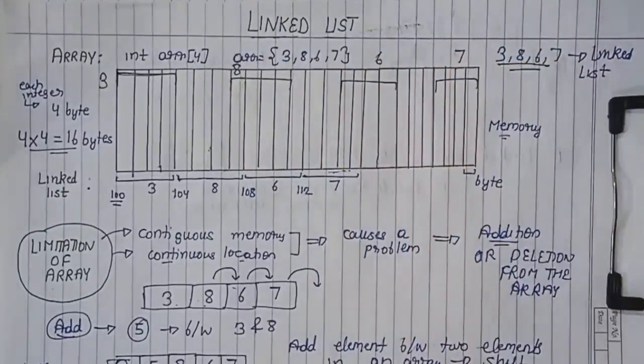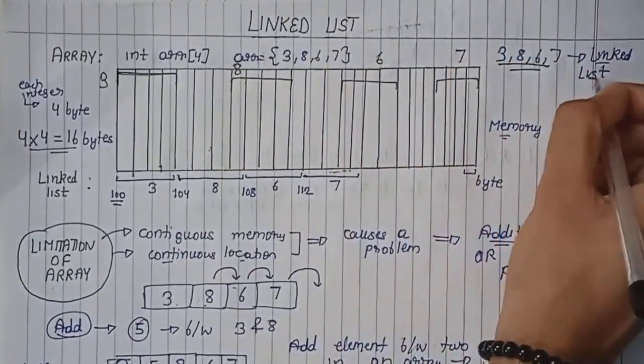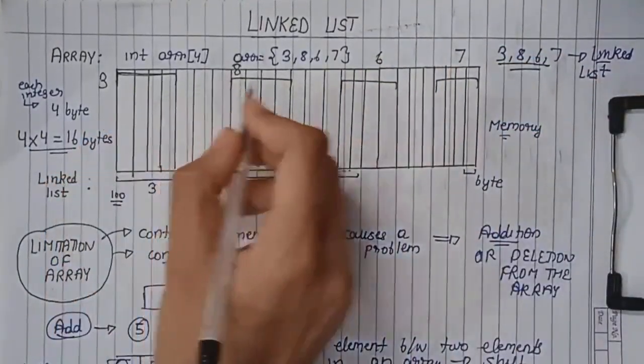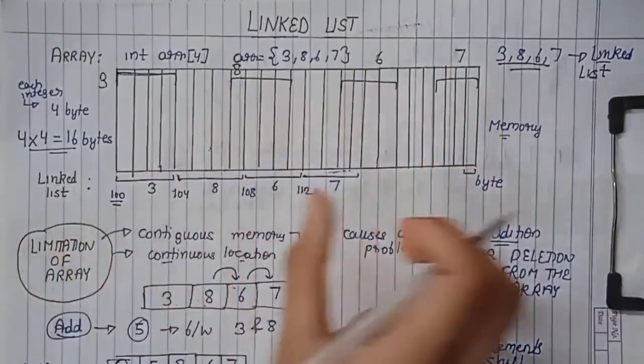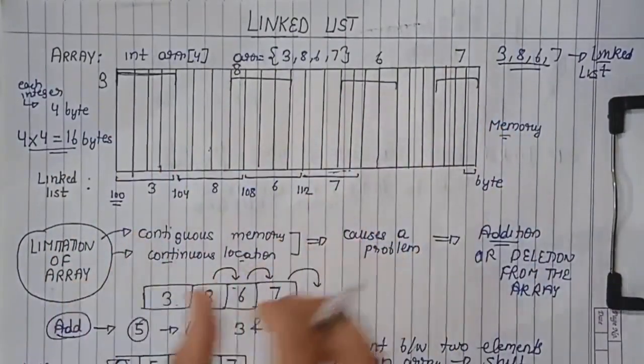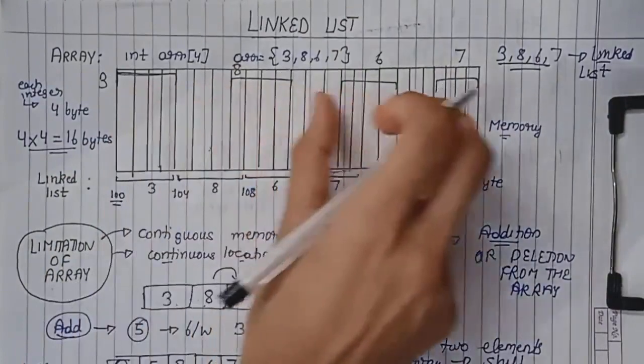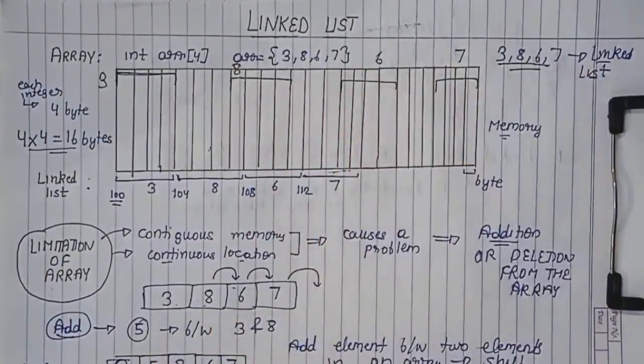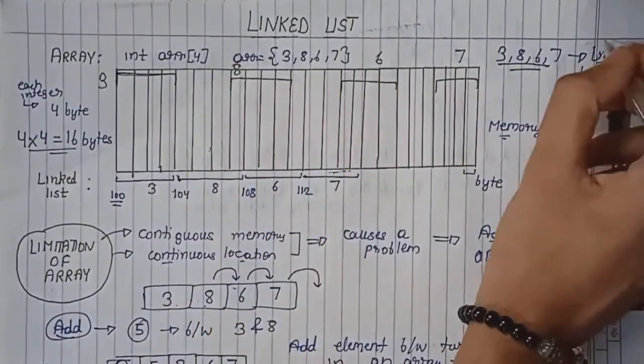So you can see that in a linked list, we can randomly allocate memory. You don't need to allocate continuous memory to the data of a linked list. So this is the advantage of a linked list.